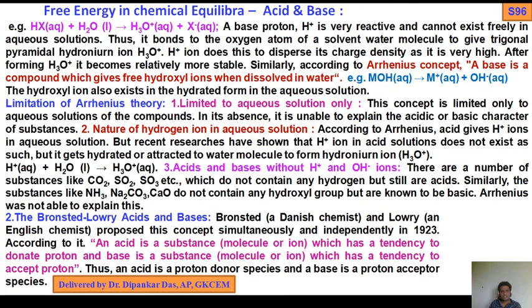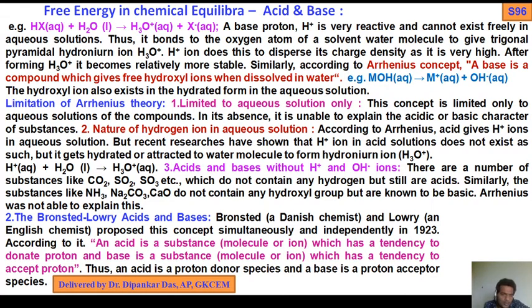Number 2 is Bronsted-Lowry acid and base. Bronsted, a Danish chemist, and Lowry, an English chemist, proposed this concept simultaneously and independently in 1923. An acid is a substance or molecule which has a tendency to donate a proton.